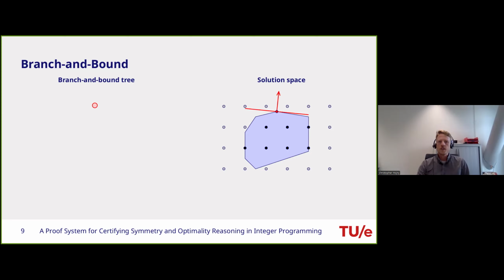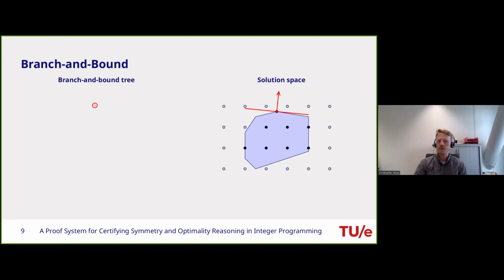So we insert an objective function that we want to maximize, in the direction of this red arrow. And then we might find, over this polyhedron, this red vertex at the top, which is an optimal solution of the linear programming problem. This solution, of course, does not satisfy the integrality requirements.